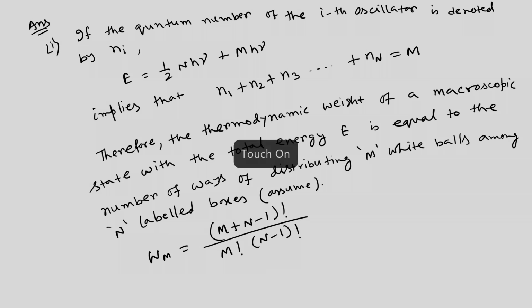Now, the second part we will discuss now. S is entropy, S is k_B ln W m, right, that we know.